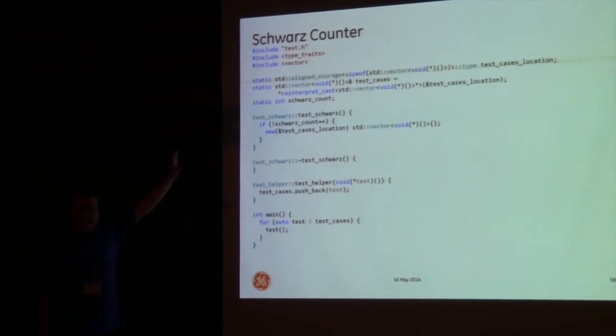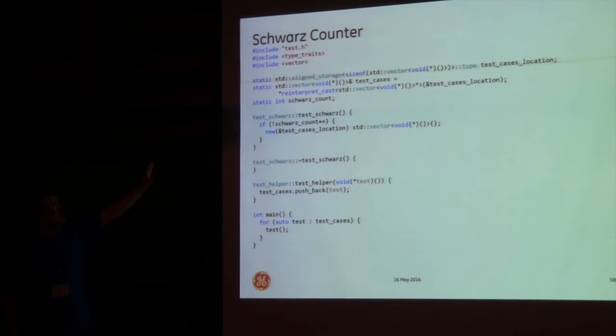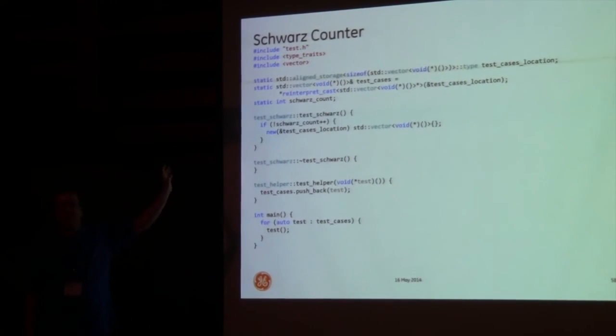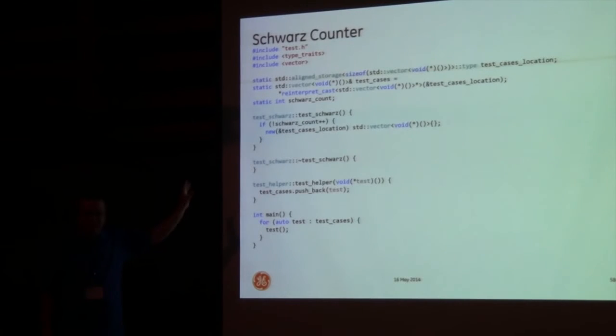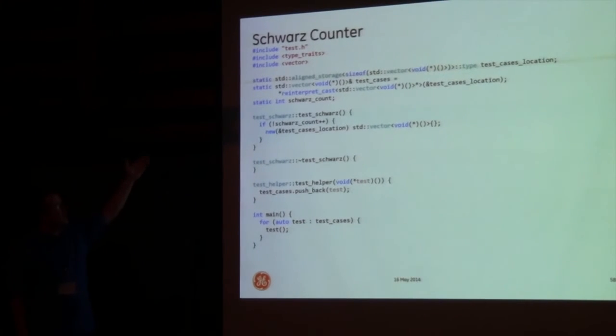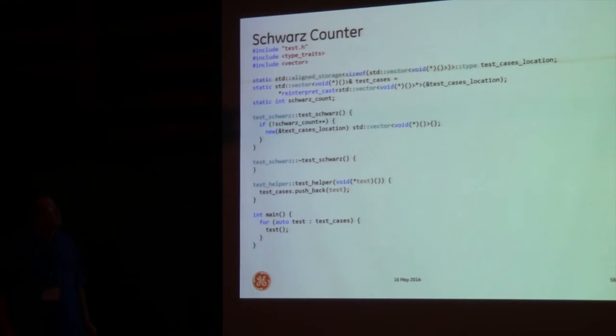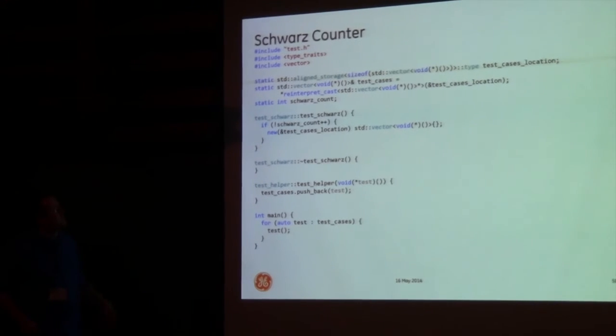What I did to take care of this double initialization is, instead of having test cases be the vector, I'm having test cases be a reference to a vector. A reference is only dealt with in static initialization, so it won't be double initialized. And then I used align storage, and the default for the second template parameter is whatever the most constrained alignment is, which is fine.